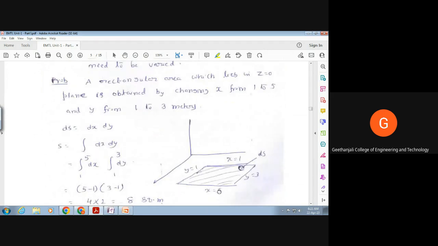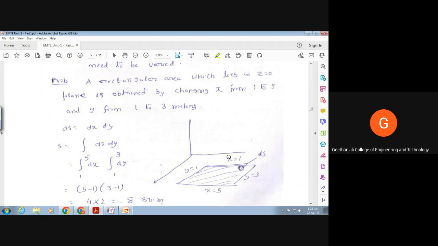One way is, both x and y are varied to get this area. What is constant? Z is constant. As we already discussed, whenever we obtain an area, we need to vary two coordinates simultaneously, keeping the third one constant. So here Z is constant.